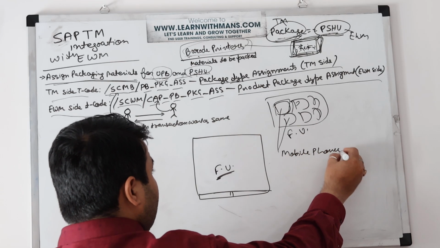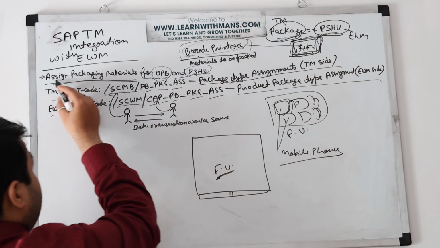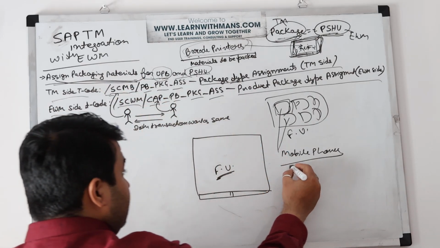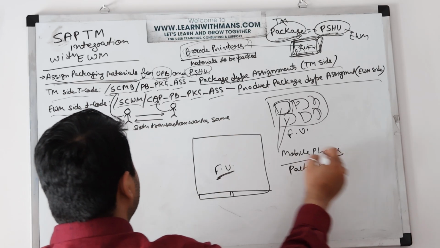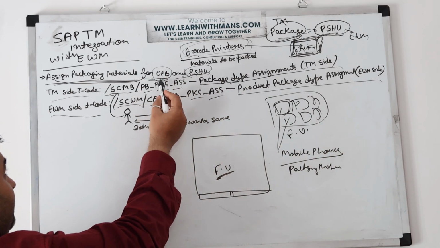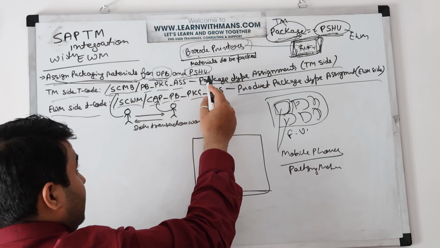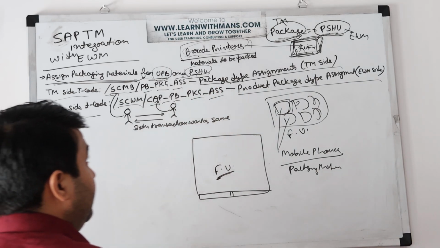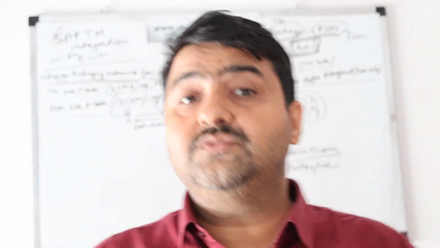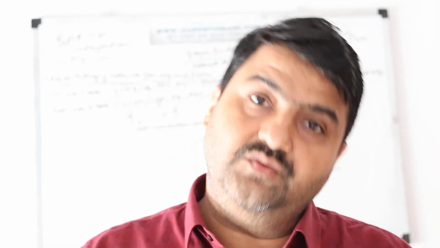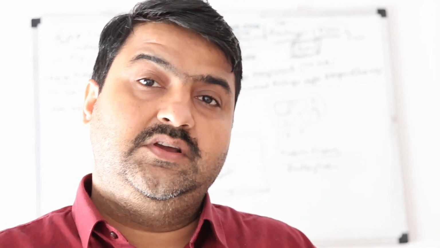This is the packaging material, material for unified package builder and plant shipper handling unit. So the unified package builder is a concept which helps the system to build a freight unit, or handling unit, to send the goods to the customer.